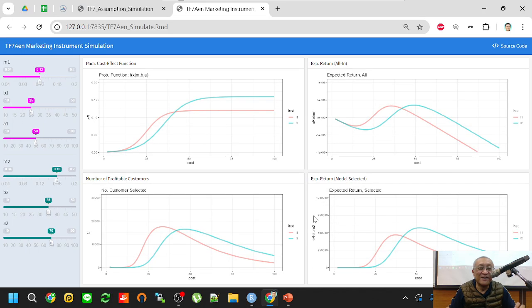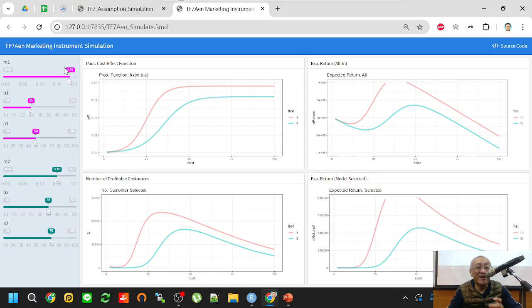Give it a second. Okay, so here, as you can see, I'm simulating two different instruments, the pink one and also the blue one. For this pink instrument, I can adjust the M. If I adjust the M, you will see that its height will increase. For example, this way.